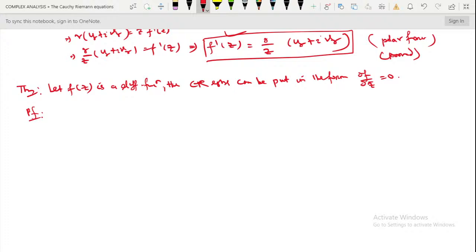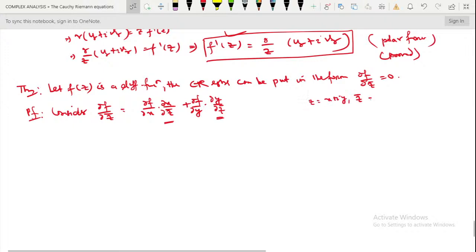So if I consider del f by del z bar, this thing can be written as del f by del x times del x by del z bar plus del f by del y times del y by del z bar. So what will be your del x by del z bar and del y by del z bar? We know z is equal to x plus iy, so z bar is your x minus iy.